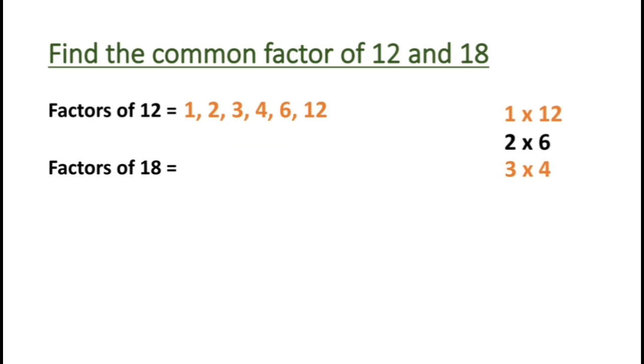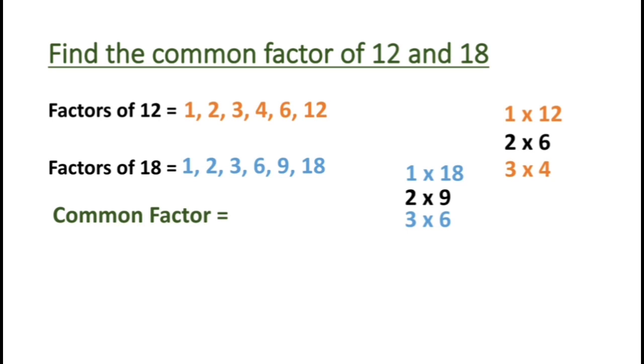Now factors of 18. Do we get 18 in the 1 table? Yes, 1 18s are 18, 2 9s are 18, 3 6s are 18. So these are the factors of 18. Now common factors. Which numbers are common in both factors of 12 and factors of 18?